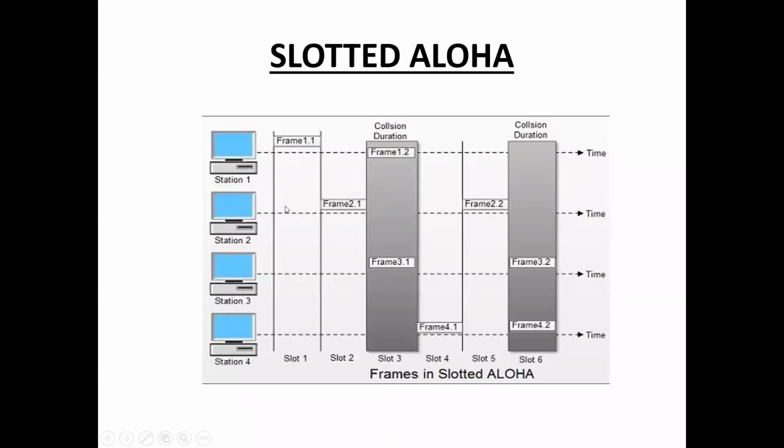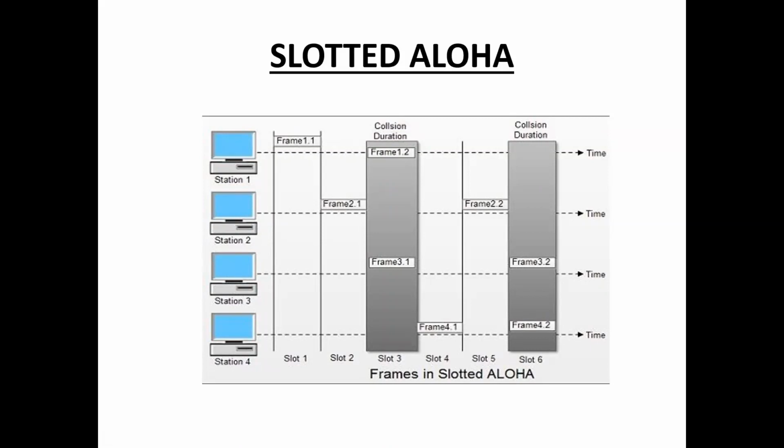Two frames from two different stations are simultaneously transmitted, that is, at the same time slot 3, so the collision occurs.